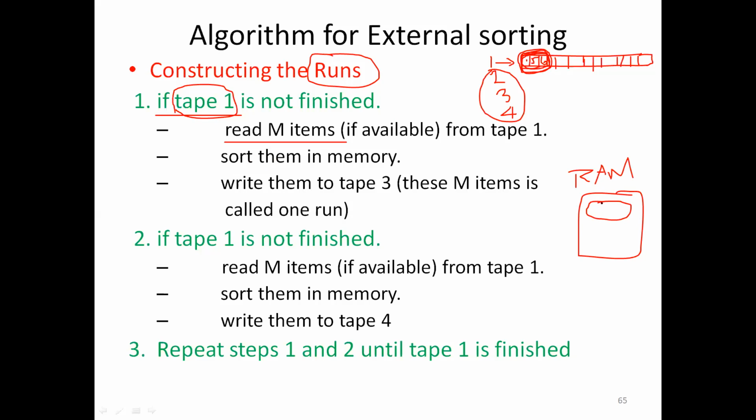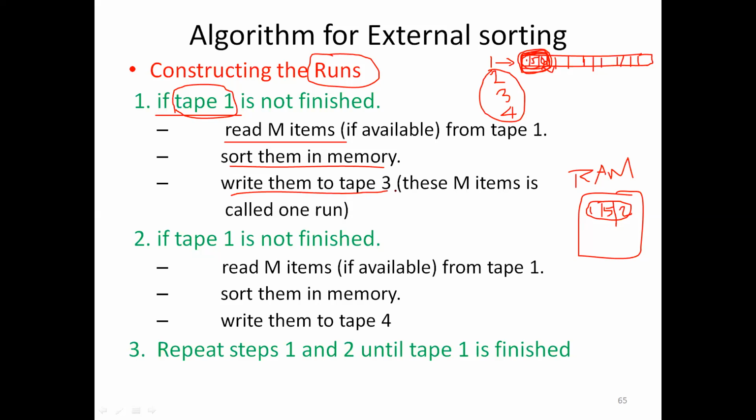Then I will perform the sort. 1, 5, 6 is taken, and here it is in sorted order. Let it be 2, 1, 5, 2. Taken, and I'll place them in the RAM, then perform the sorting. Once I sort them in memory, I write them into tape 3.